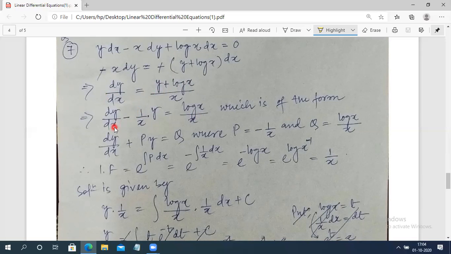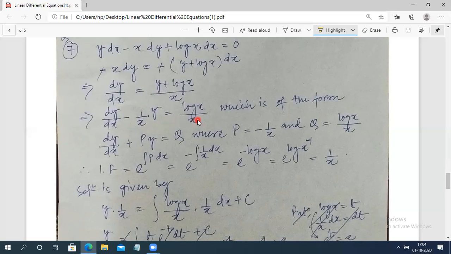Now if you compare this equation with dy by dx plus py is equal to q, where p and q are functions of x alone, then you can see p is negative 1 upon x and q is log x upon x. Both are functions of x only.